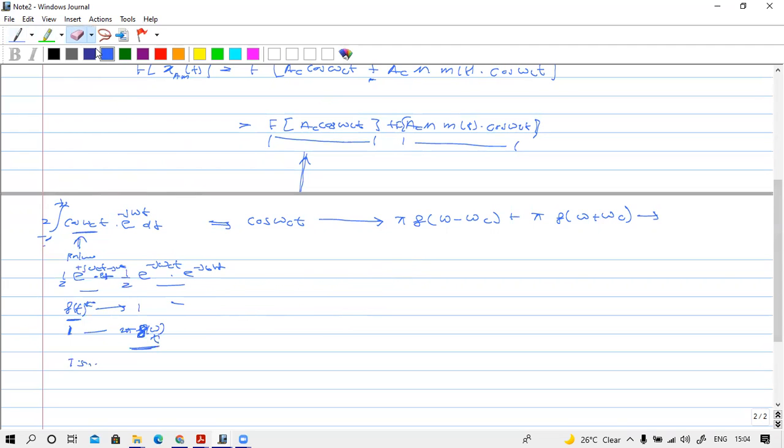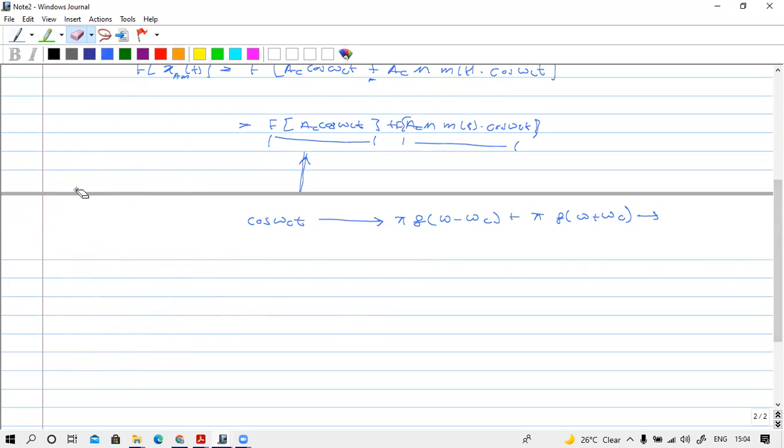If you want to know how we get this answer, you can refer to those signals and systems tutorials. So here we take this Fourier transform as a known fact: pi delta(omega minus omega_C) plus pi delta(omega plus omega_C).